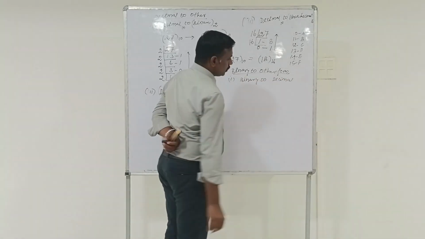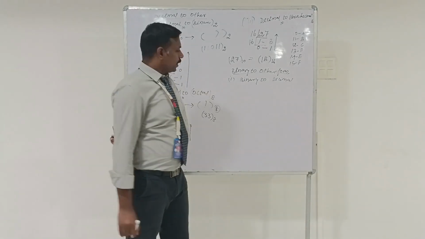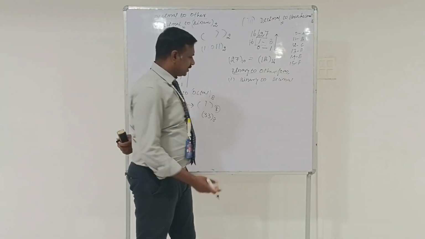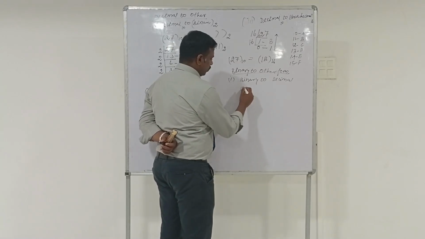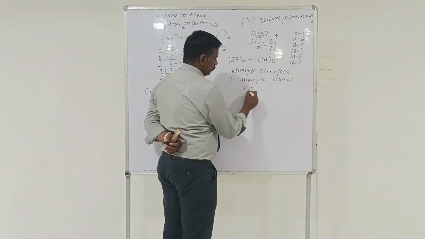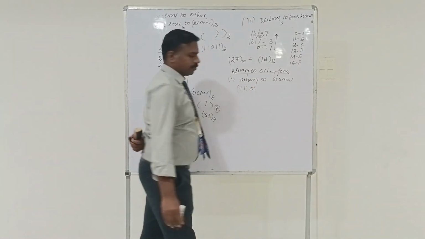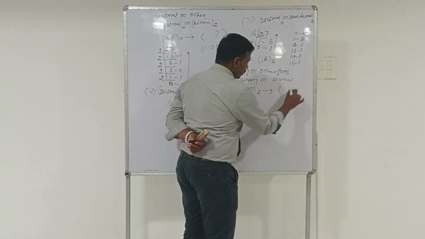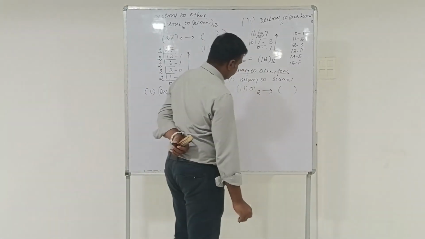Binary to decimal. For example, I consider one very simple binary number, 1110. This is my binary value. How to convert it into decimal?